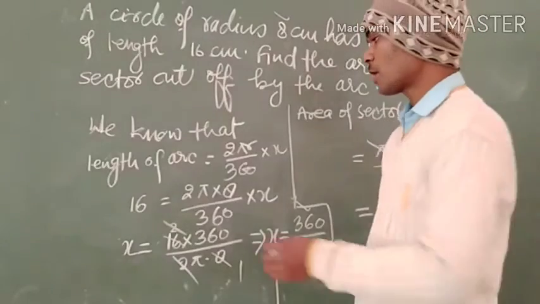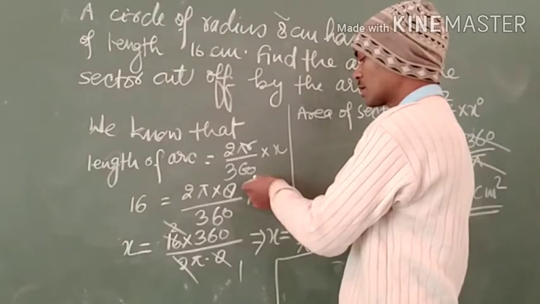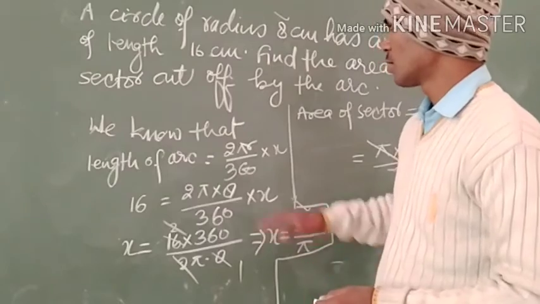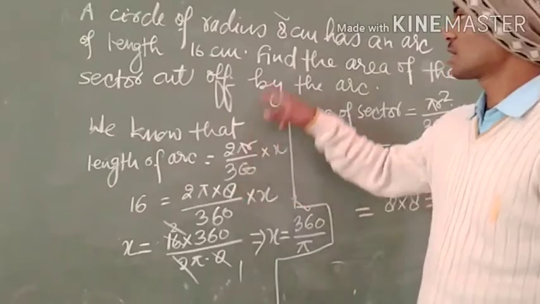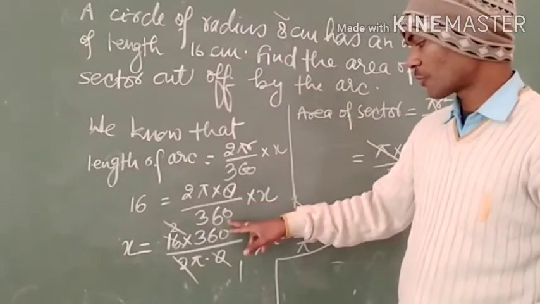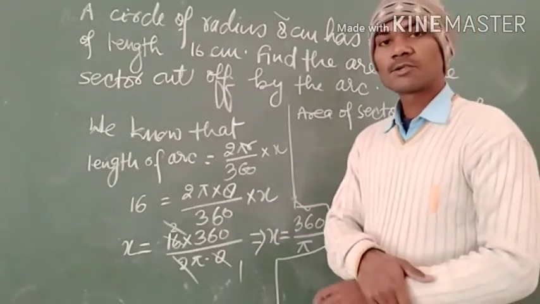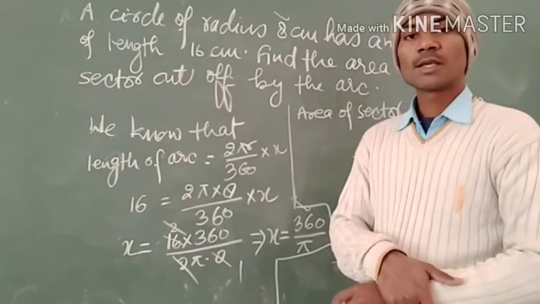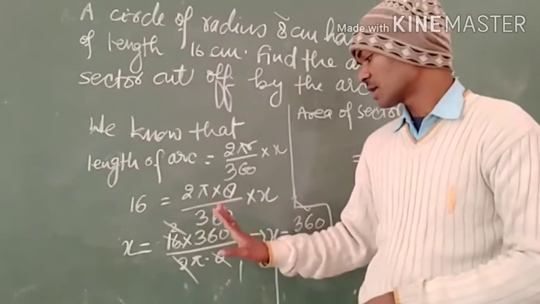So here we apply length of arc is equal to 2 pi r upon 360 into x. Now put the value as given here. 2 pi into r, the value of r, that is the radius, is given as 8 centimeter. We write here upon 360 into x. Since in this question there is no number that can be divisible by 7 or 22, therefore we need not write the value of pi, so we leave pi as it is.